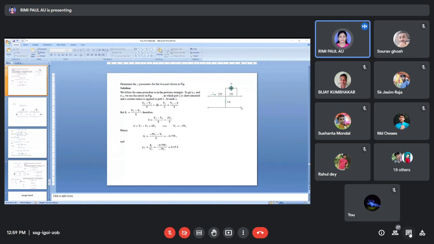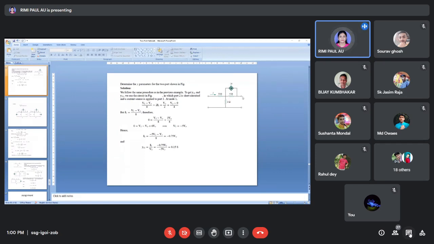Now you can apply the nodal method. If I apply the nodal method, then how to write? They have taken V0, so I am taking V0. V0 minus V1 by 8, because the supply is V1, plus V0 by 2, and one current is flowing out, so plus 2I, which means 2I1.